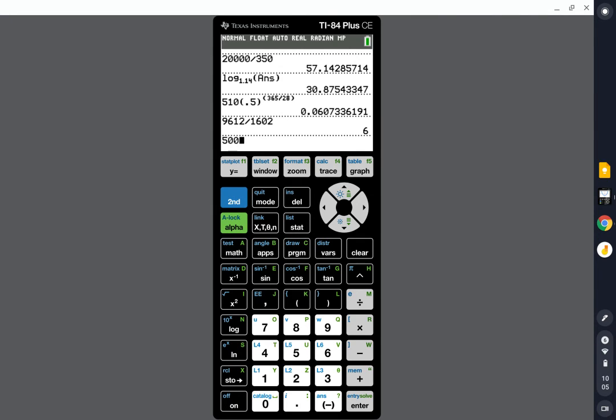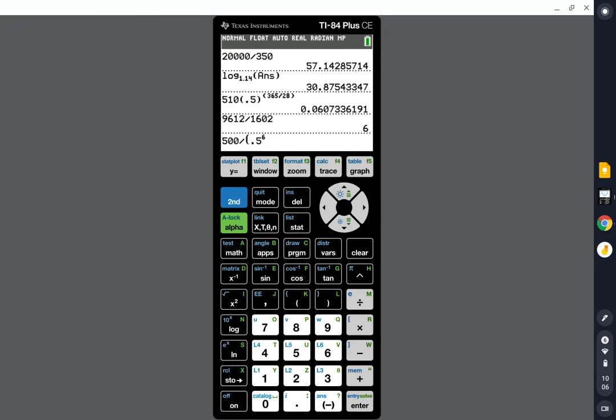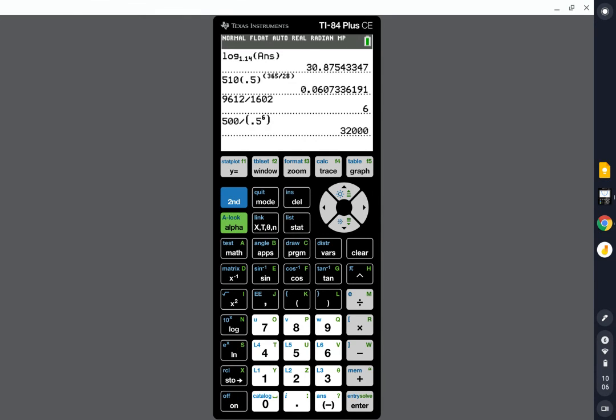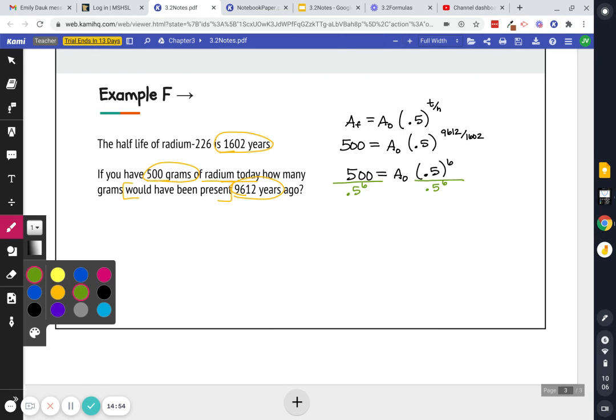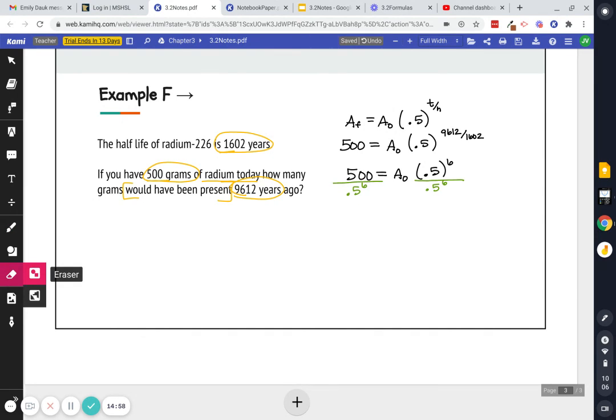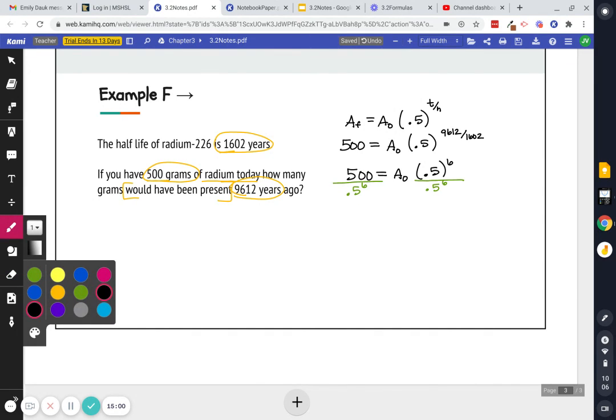We should have more radium in our answer than we do right now with the 500. So it was cut 6 times, so I'm going to divide it by 0.5 to the 6th. And that's going to tell me 32,000 grams of radium. 32,000 was our initial.